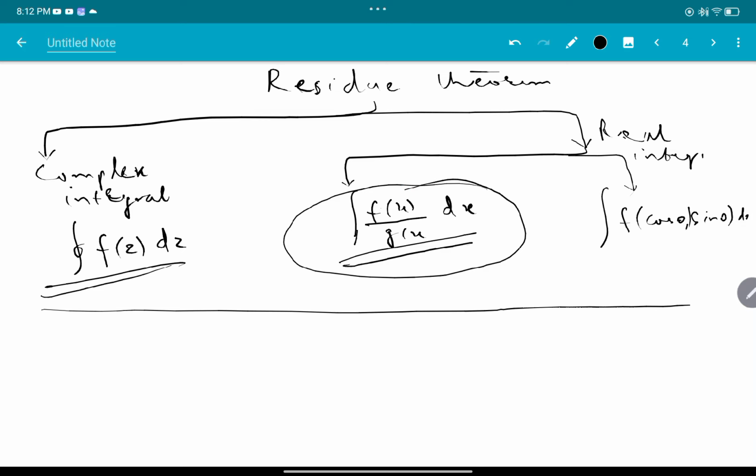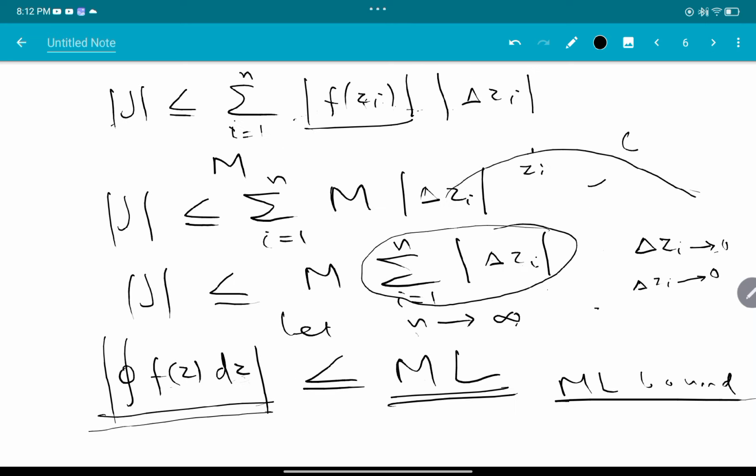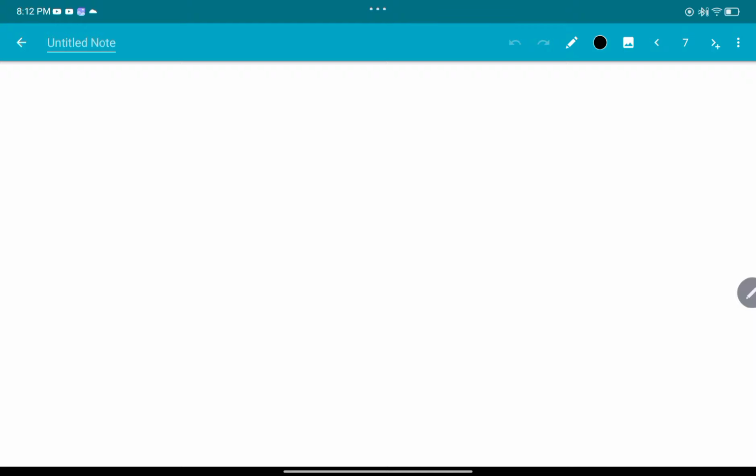In order to make things simpler, I will first take f(x) equal to 1, so that you are able to understand the basic philosophy. Once you understand the basic philosophy, you will then be able to evaluate more complex functions.